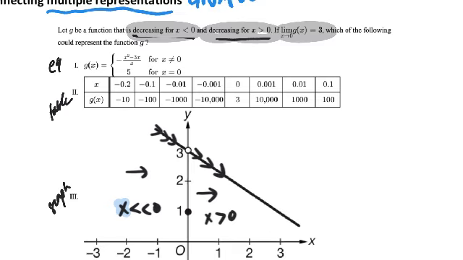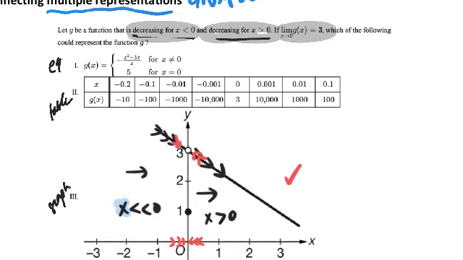So this definitely passes the decreasing condition. Let's take a look at the limit condition. Is the limit of this function as x approaches 0 from both sides 3? Yep, it sure looks like the limit is 3. So that function satisfies both of the conditions.